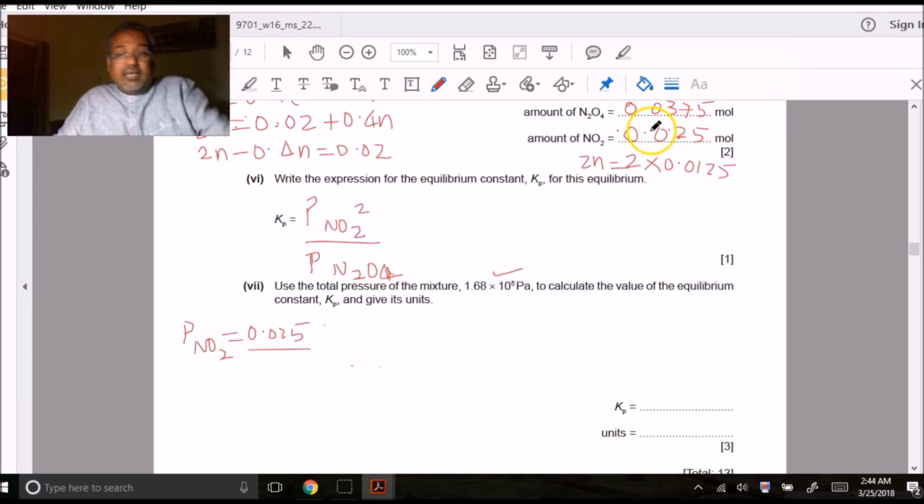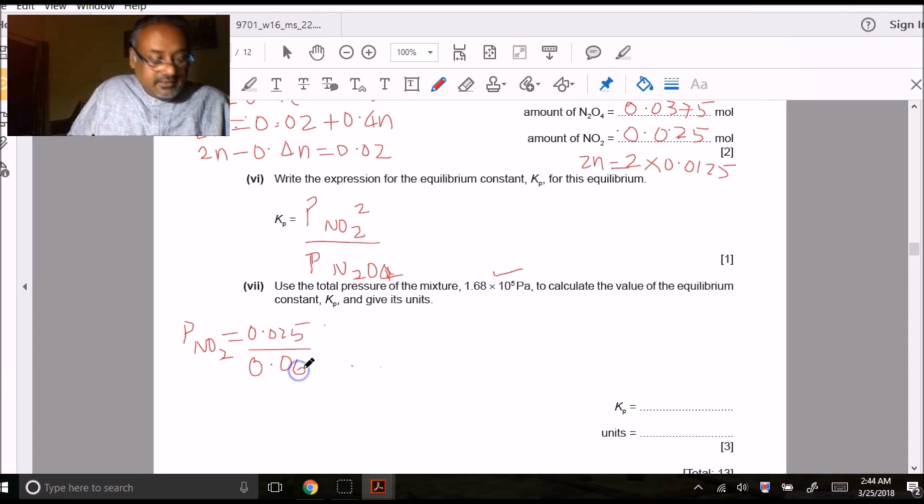So I have to add these two together to find the total: 0.0375 plus 0.025, which gives me 0.0625. Then I multiply this by the total pressure given, which is 1.68 times 10 raised to the power 5 Pascal. So that's the partial pressure of NO2.